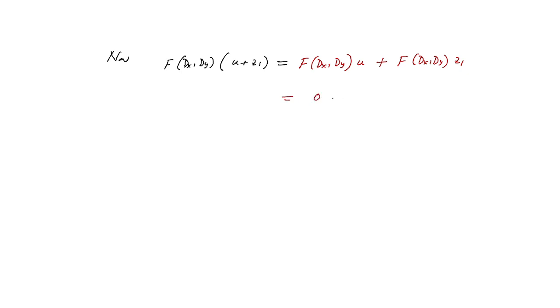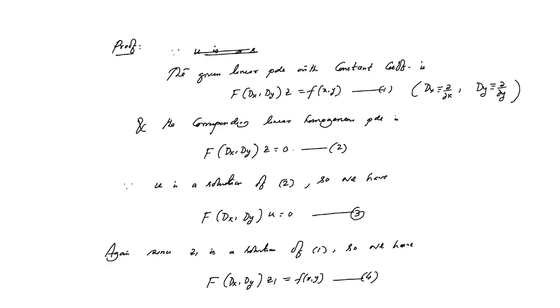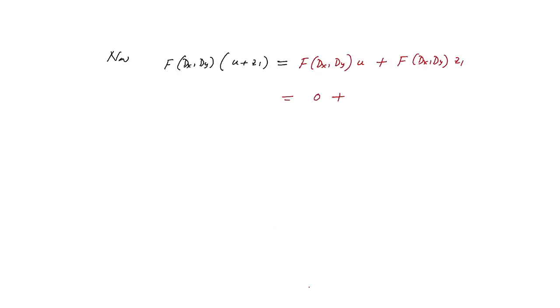So this is basically 0 plus, here you will see from 3 this value is 0 and this is basically f(x). So this is by 3 and 4. So what we get here is f(Dx, Dy) of u plus z1 equals to f(x).